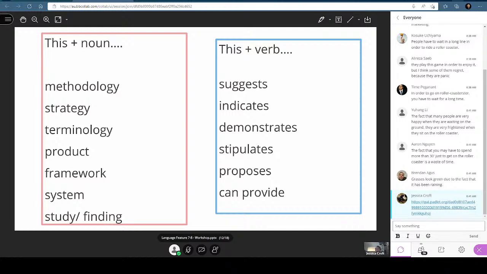But normally how you would use it is with a verb. So using it to substitute an entire idea that you have previously introduced. Like I said, that idea is normally evidence or examples or your assertion, so your argument.